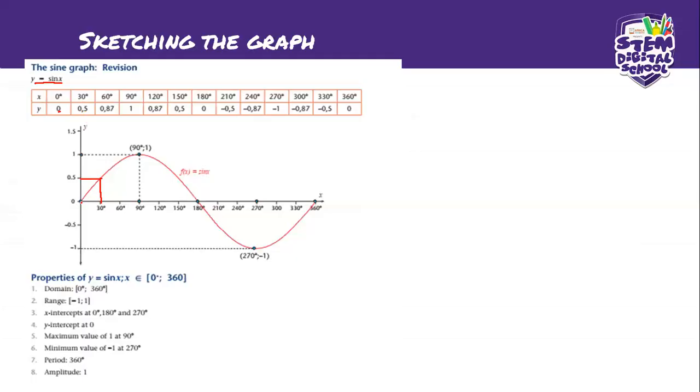The first one was 0 to 0 here. You can see that's point number 1, and this is point number 2. And then you do the same with this 60 here. You take it up there, and then the corresponding y value there is 0.87.